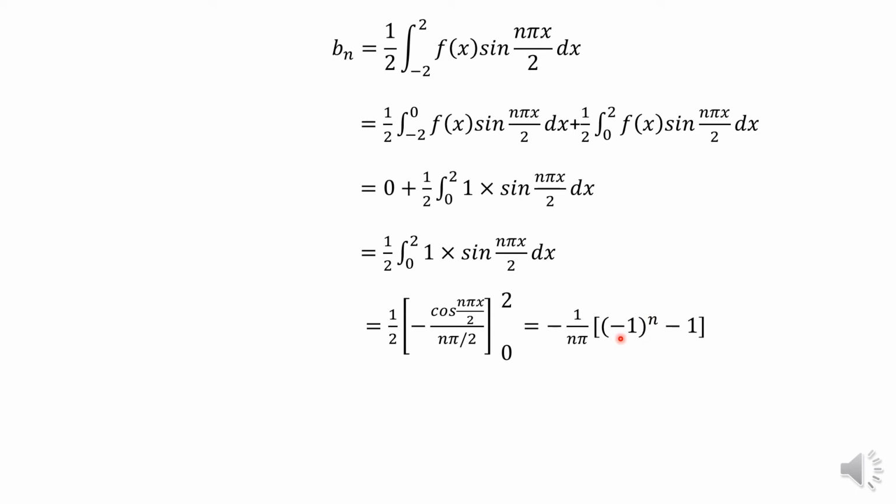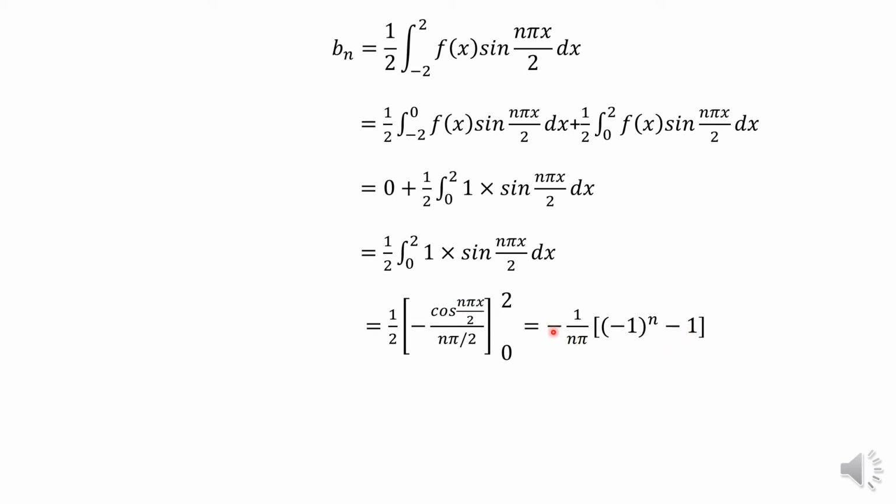Its value is either plus 1 or minus 1 according as n is even or odd. So when I apply x is equal to 2, the upper limit, we get cos n pi, its value is minus 1 to the power n, minus, when I put lower limit x is equal to 0, we get cos 0, and note that cos 0 is equal to 1. That's what we get.